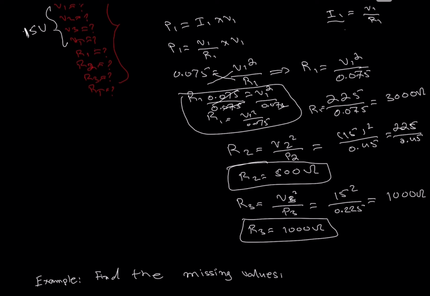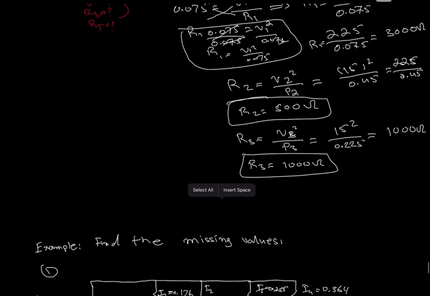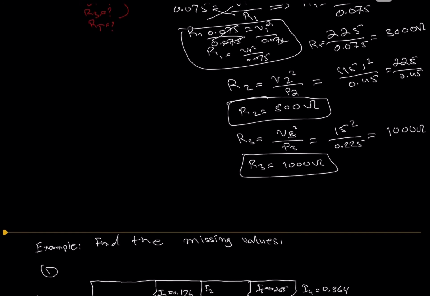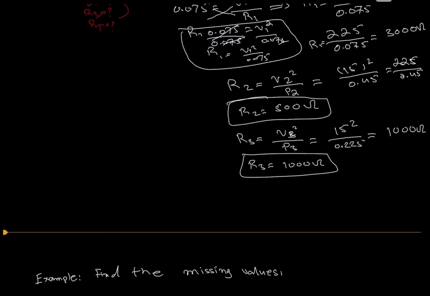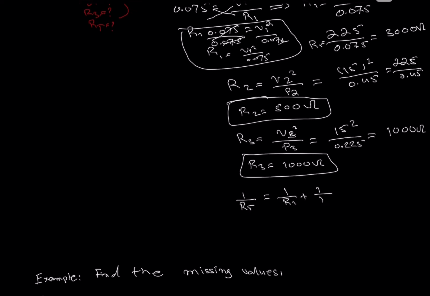Now the final thing to find out will be RT. Let's find RT and then we'll draw the circuit. We have the general formula, we can use it. 1 over RT is equal to 1 over R1 plus 1 over R2 plus 1 over R3.